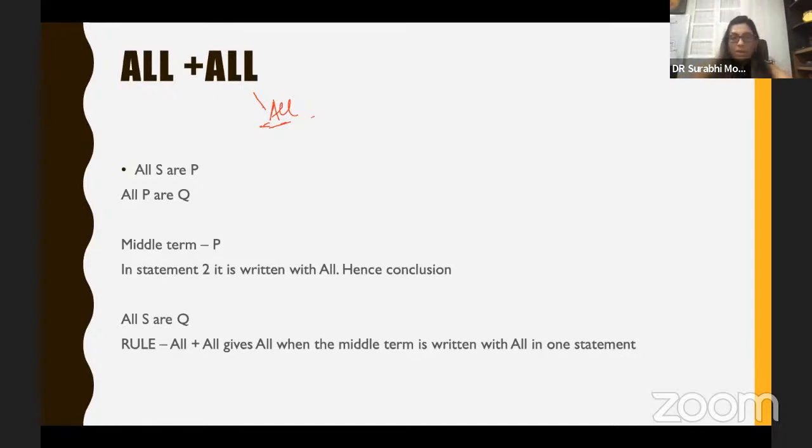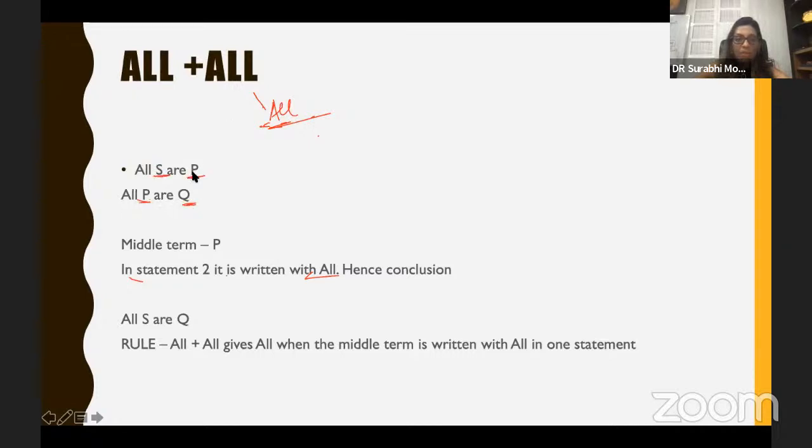All right, let's focus on this. For all plus all to give an all answer, the middle term should be written with all. That means it should be distributed. The middle term should be distributed at least once, which means it should be written with all. We have these three terms.